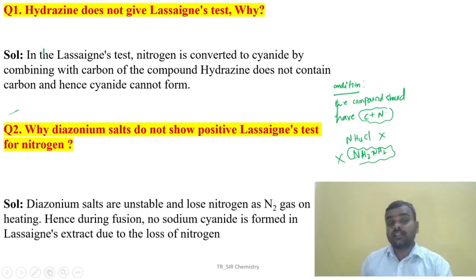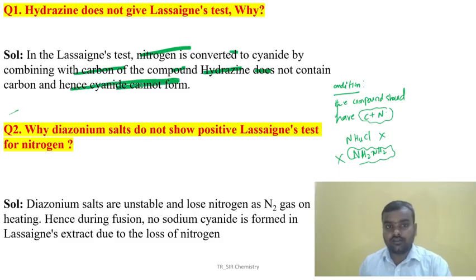So hydrazine doesn't give the Lassaigne test because it doesn't have carbon. In the Lassaigne test, nitrogen is converted to cyanide by combining with the carbon of the compound. But hydrazine doesn't contain carbon, so cyanide cannot form. That is the reason it does not give the Lassaigne test. Another one, diazonium salt also.